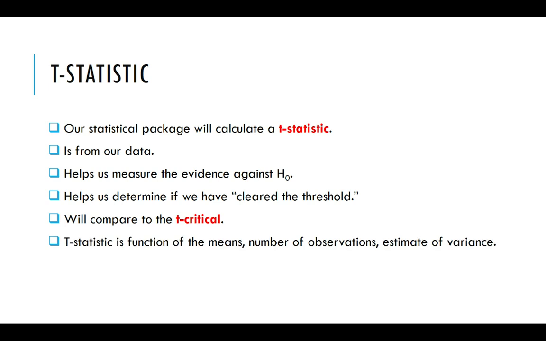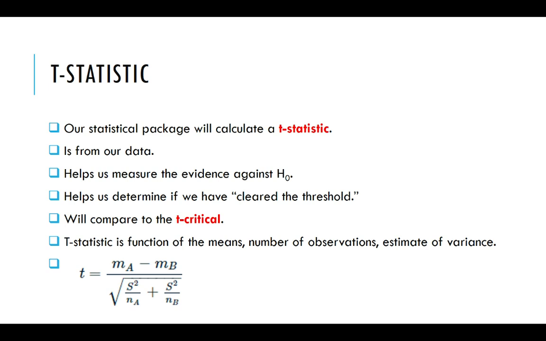Now, our T statistic has an equation, and you're going to see it's a function of means, the number of observations in our samples, and our estimate of our variance. So I'm going to show it to you just so you can see, but I'm not going to expect you to do this calculation. Why would we? The computer will do it for us.